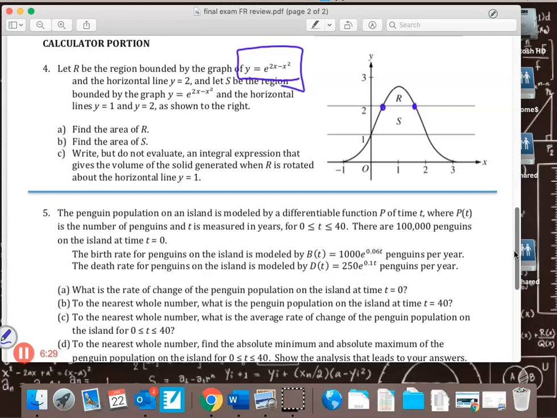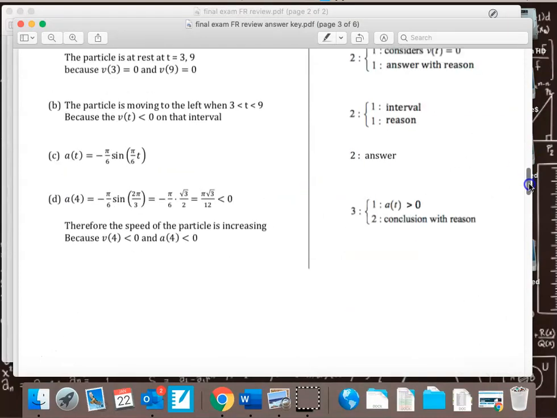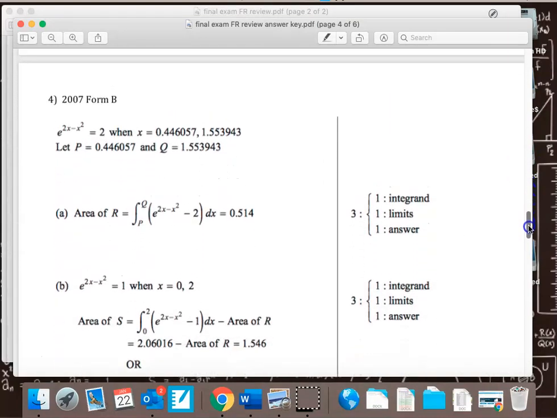However you chose to solve that equation, you get those 2 answers. On the answer document, that's 0.446 to 1.554-ish.